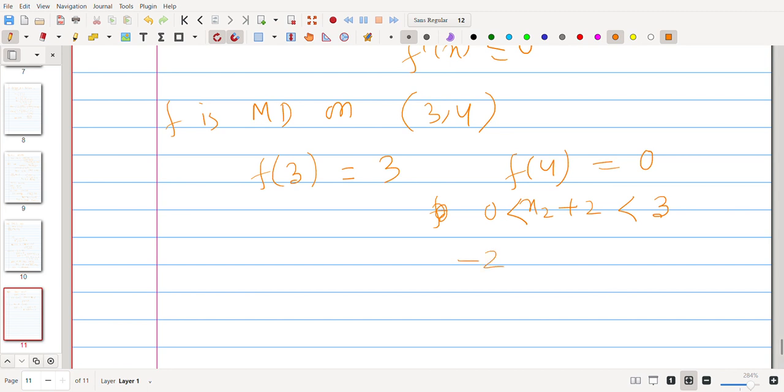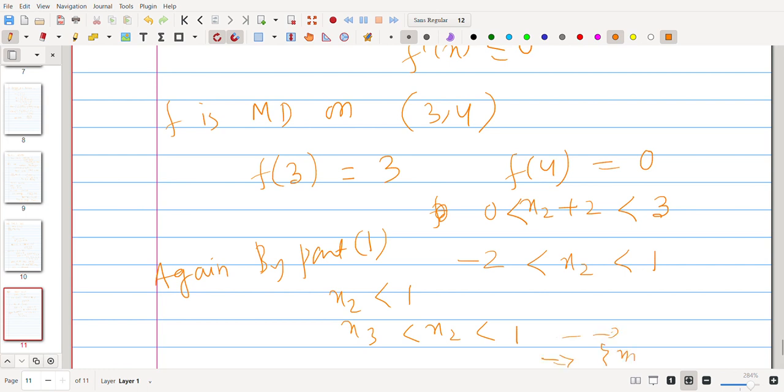That means minus 2 less than x2 less than 1. Again, by part 1, x2 less than 1 means x3 less than x2 less than 1 and so on. That will imply x_n is divergent.